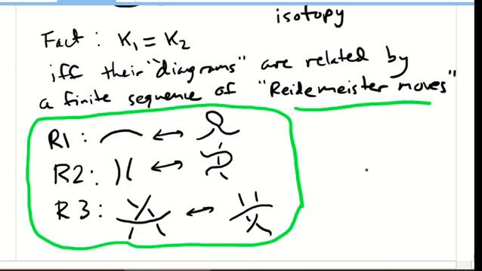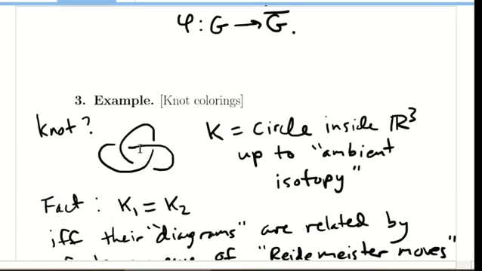Now, it looks pretty clear that this thing is different than this thing, right? So the unknotted circle is different than that one, right? So these are examples. Example 1, K1, this is K2.